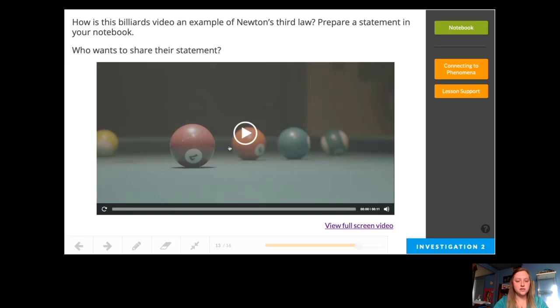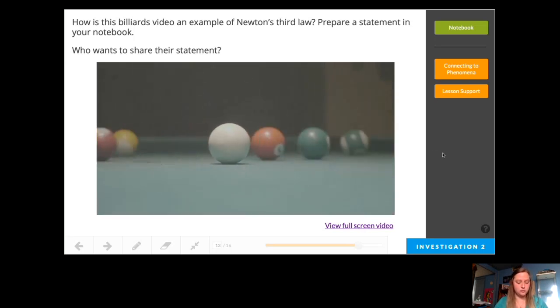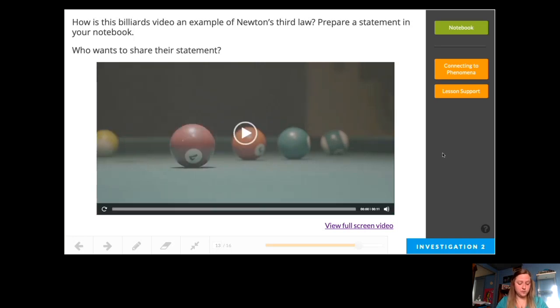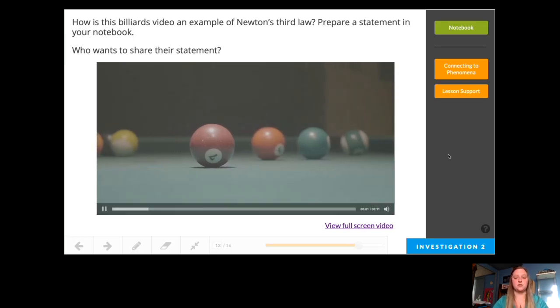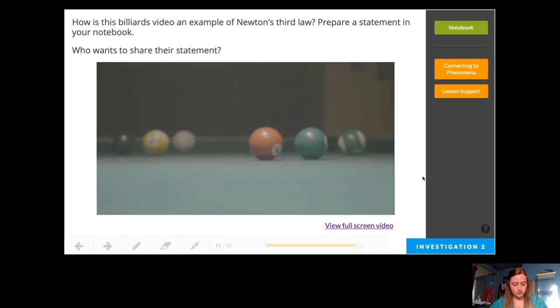This is the action force exerted by the cue ball on the 7 ball, pushing it forward. There is a reaction force of the 7 ball on the cue ball that points in the opposite direction, backwards. We see that it did come back a little bit, and then it started going back the other direction.